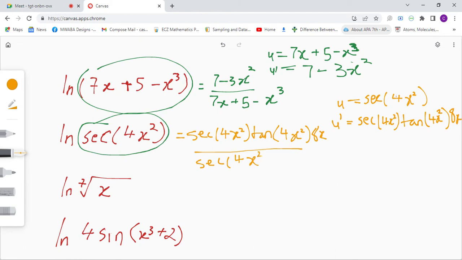All right, and these two can cancel each other out, right? So we put the 8x in front, and remain with 8x tan 4x squared.